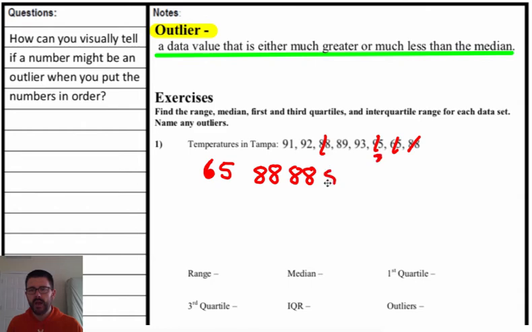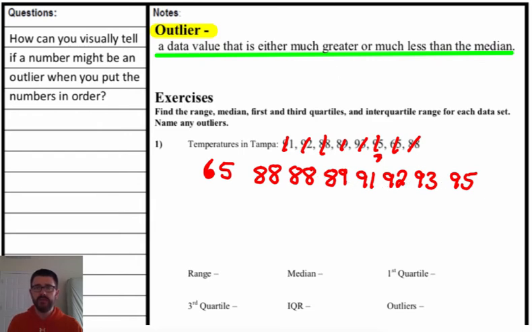And then I've got 89, 91, 92, 93, and then my 95 that I accidentally crossed out already. All right, there was 1, 2, 3, 4, 5, 6, 7, 8 pieces of data.